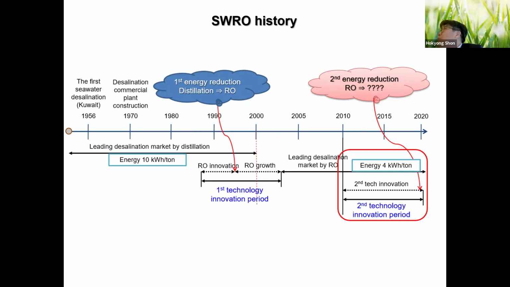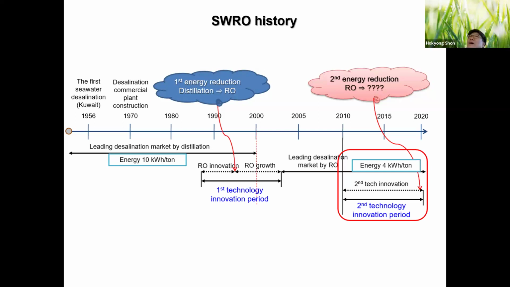Distillation was more than 10 kilowatt hours of energy consumption because of the heating, and then RO energy consumption was significantly improved in the 1990s because of the pressure exchanger, to 4 kilowatt hours per cubic meter.